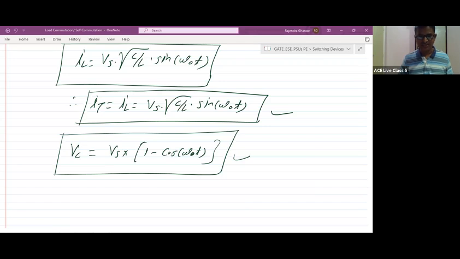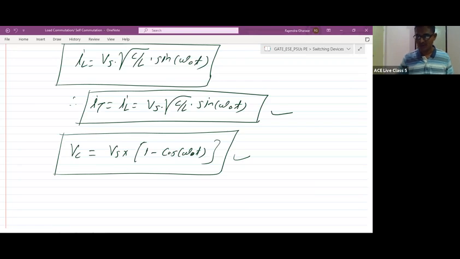Why is natural commutation not applicable for DC? You can check here for DC. In order to turn off the SCR, what we are doing is we have connected the external elements, the inductor and capacitor.